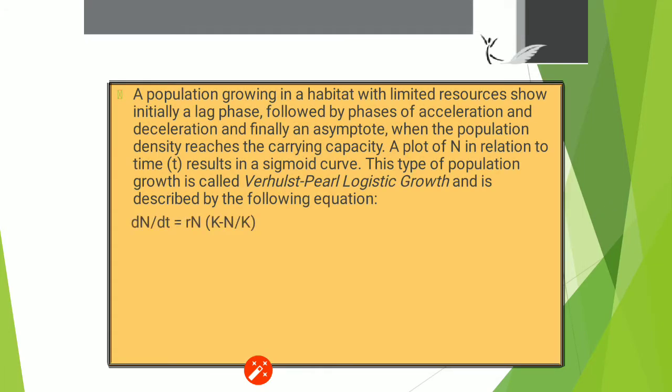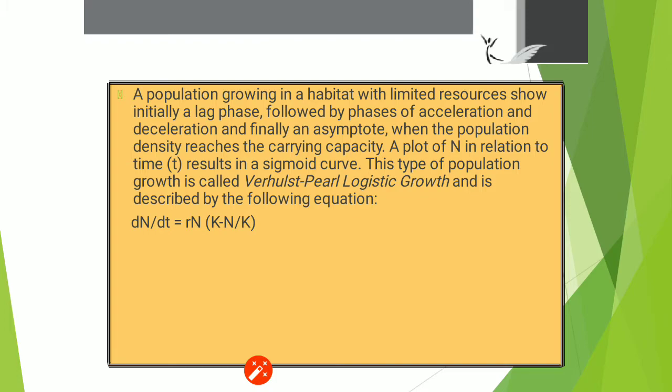A population growing in a habitat with limited resources shows initially a lag phase, followed by phases of acceleration and deceleration, and finally an asymptote when the population density reaches the carrying capacity. A plot of N in relation to time t results in a sigmoid curve.